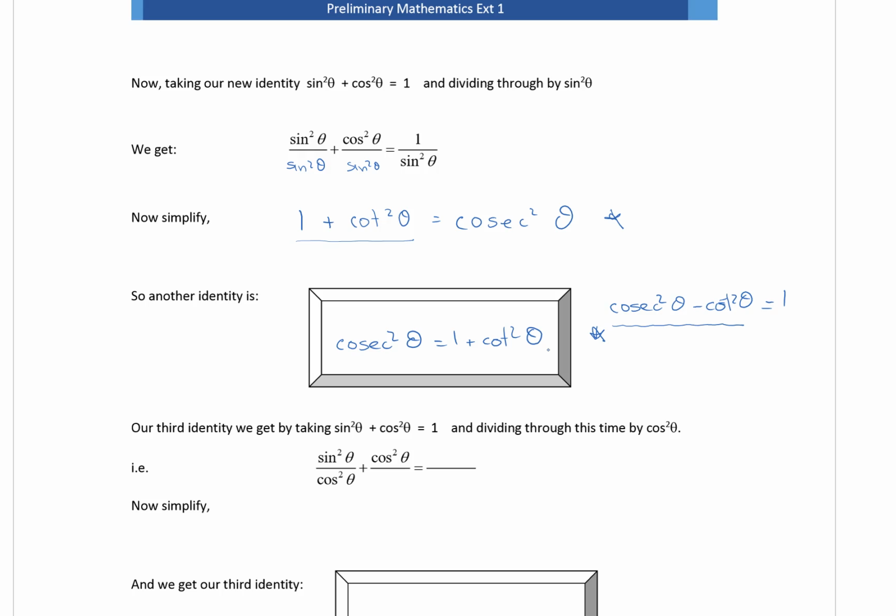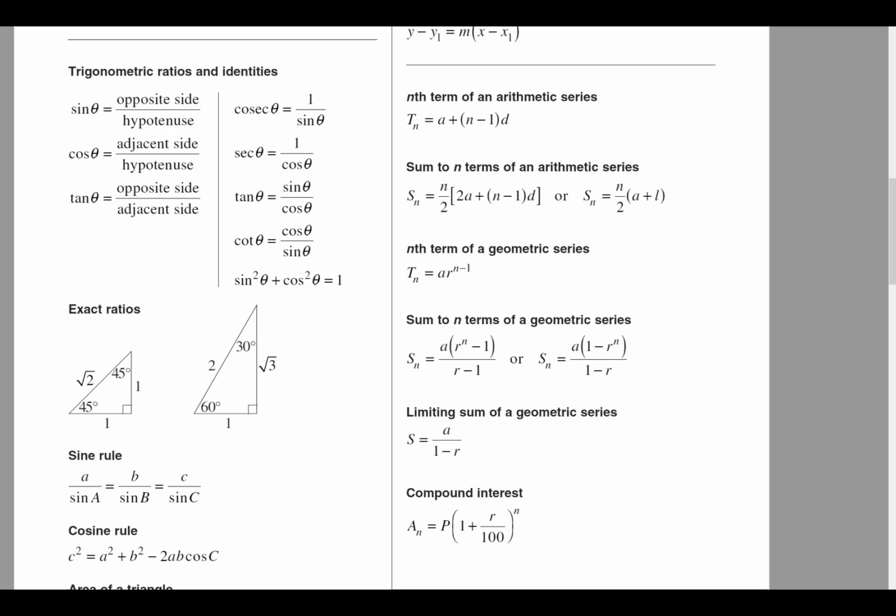I'll just check on the reference sheet whether these identities are given or not. So as you can see here, this is the reference sheet. The one that is given is sine squared plus cos squared equals 1. Now, you will see that the identity I've just introduced to you came from that, and the next identity is going to come from this one as well.